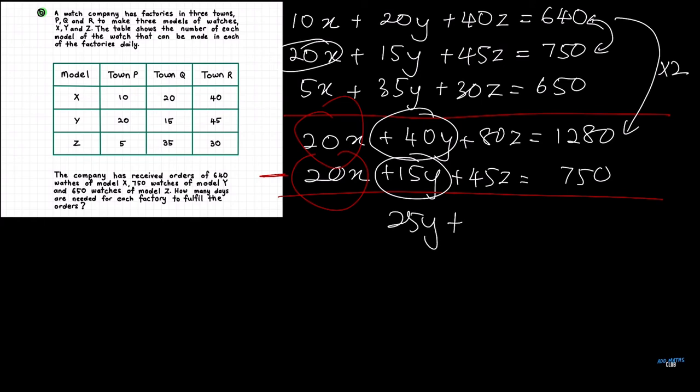Plus 80z minus 45z. That will be 35z. And finally 1280 minus 750. That will be 530. Okay. So this is my fourth equation, 25y plus 35z equals 530.